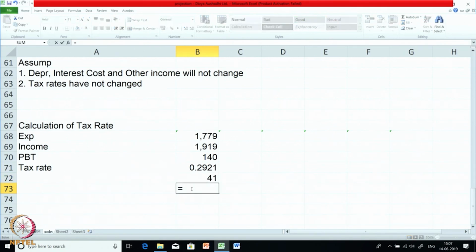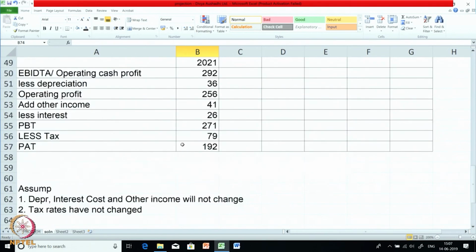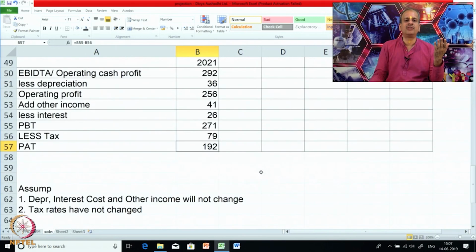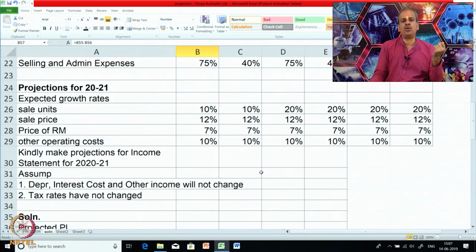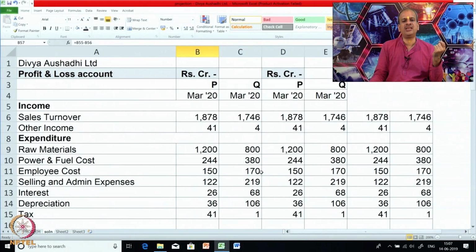So that profit after tax, it is not asked but just for our own information, it is 99 in the last year. Okay. And now you can say it is 192. So nearly doubling of profit after tax. Now calculate it for the other company which is Q.